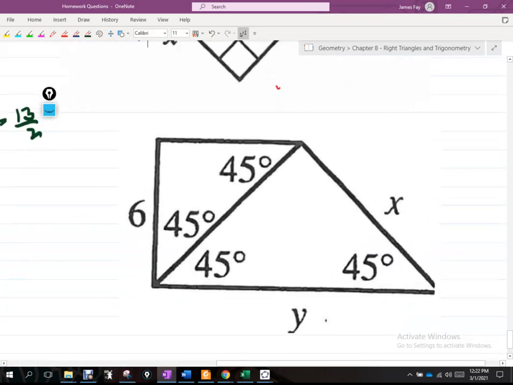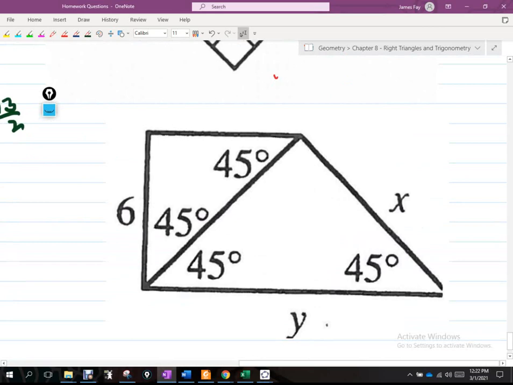So when you see these problems where we've got figures staggered on one another, stuck to one another, start in the triangle that you know the most about. The way I like to do it is I redraw them. If I was doing this on paper and pencil, you'd see maybe 3, 4, 5 drawings, depending on how many triangles I have. I just regenerate a new problem inside that overall problem, and it makes it easier for myself.